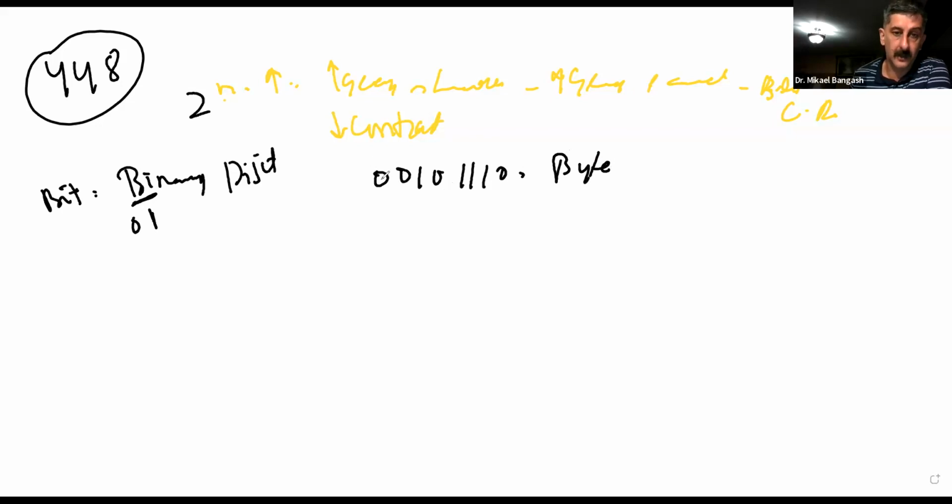It's going to be made up of a series of 8 bits, where 0 is a bit, 0 is a bit, 1 is a bit, 0 is a bit, 1 is a bit, 1 is a bit, 1 is a bit, 0 is a bit. So because here we have 8 bits, it becomes 1 byte.